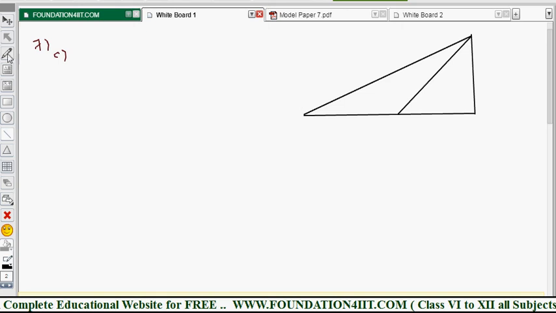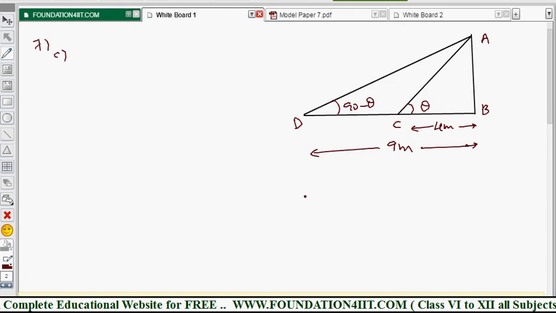Let's take A, B, C and D. One is given as a total of 9 meters, and from here is 4 meters. If one angle is theta, the other is 90 minus theta, because the sum of the angles is 90. Let D and C be the two points. Then DB is given as 9 meters and CB is 4 meters.